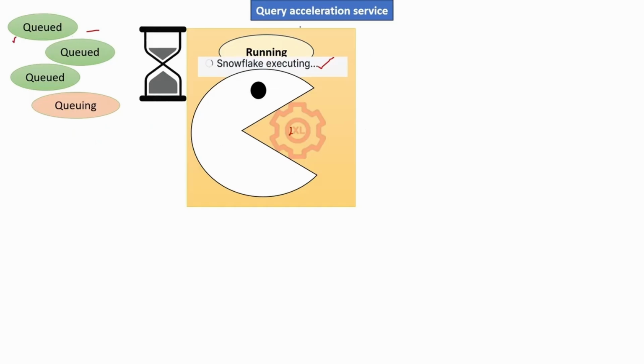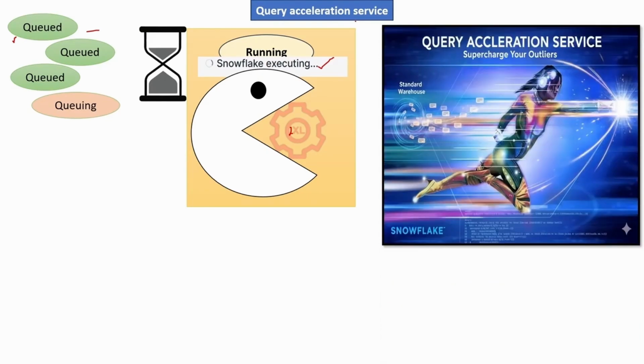By considering all these bottlenecks, Snowflake thought to create another service, which is query acceleration service. Query acceleration service plays a very critical role by bumping up additional database resources temporarily to complete the query execution. It will say, okay, keep running, I am going to bump up additional resources and run whatever is queued.